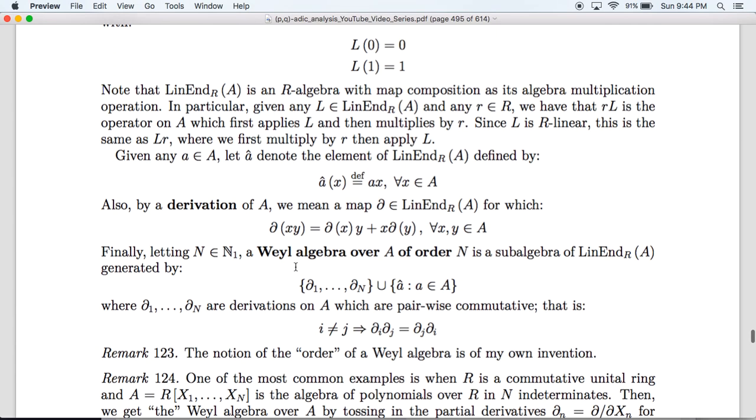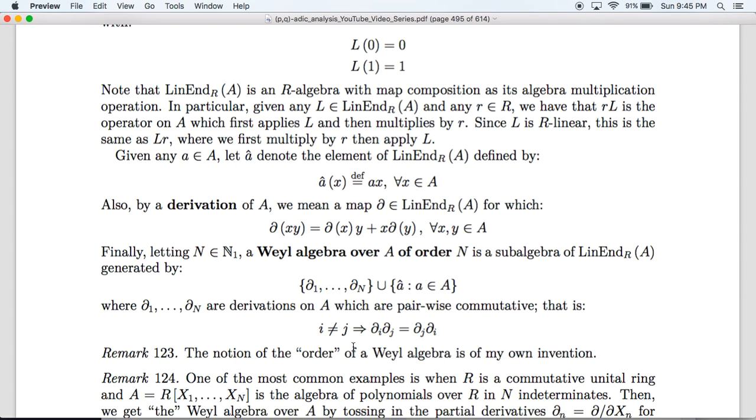In this case, we then have that a Weyl algebra over A of order n is a subalgebra of End_R(A) generated by these, where these are any particular derivations that are pairwise commutative. The notion of the order of a Weyl algebra is my own terminology.